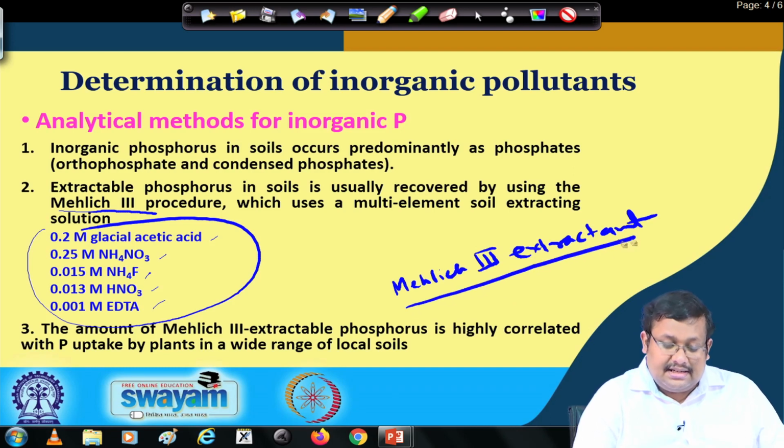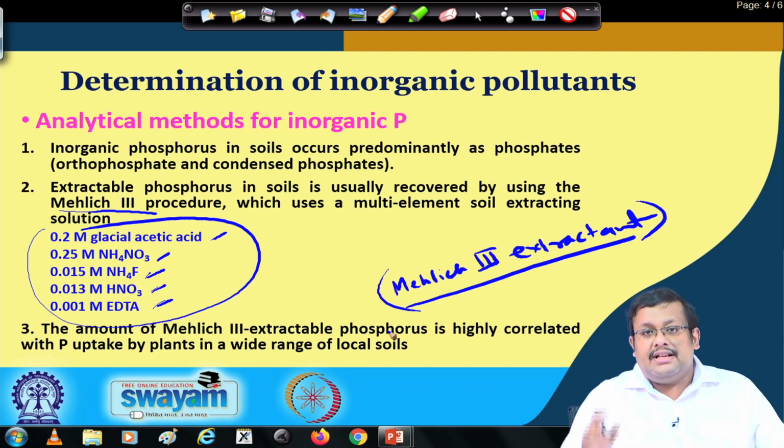And remember the reason for containing all these is that each individual component has its specific activity, and that is why the Mehlich III extractant is known for extracting not only phosphorus, but a wide range of other elements also from the soil.